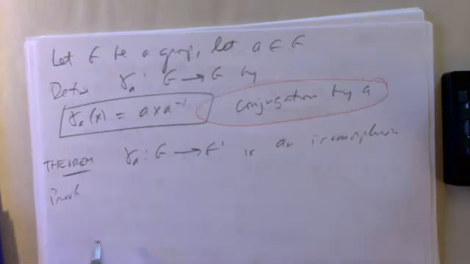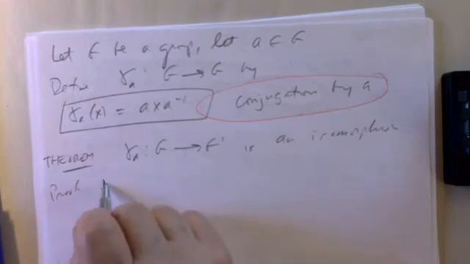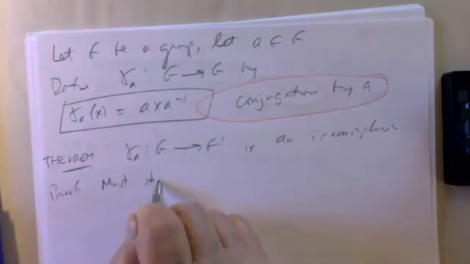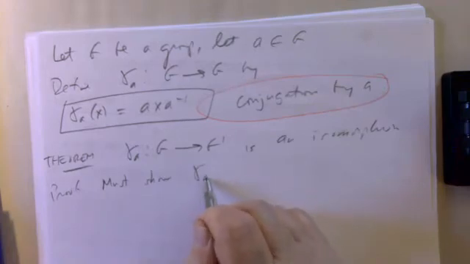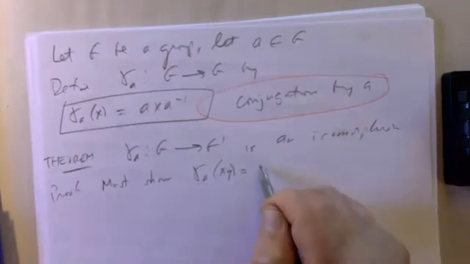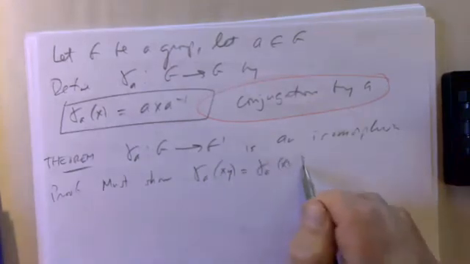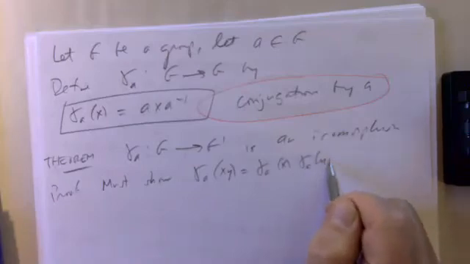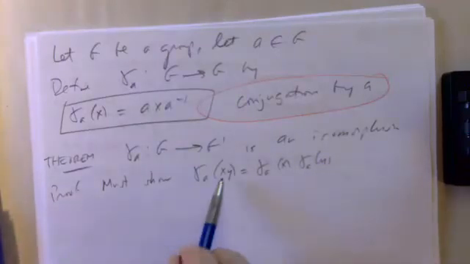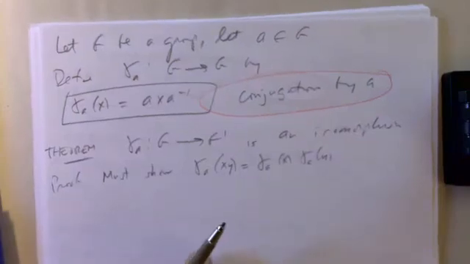So how do we prove this? You have to show, first of all, that gamma sub a of xy is gamma a of x times gamma a of y. That's the definition of a homomorphism.